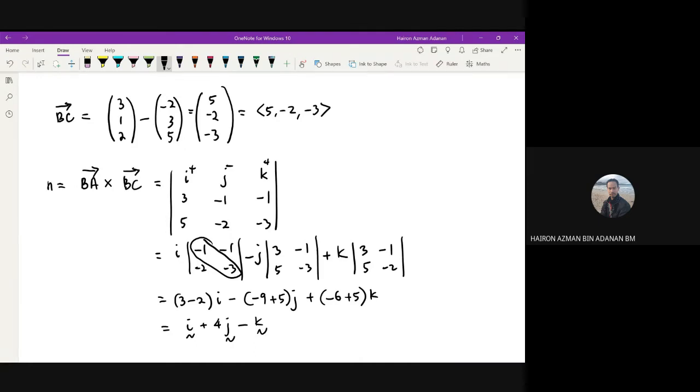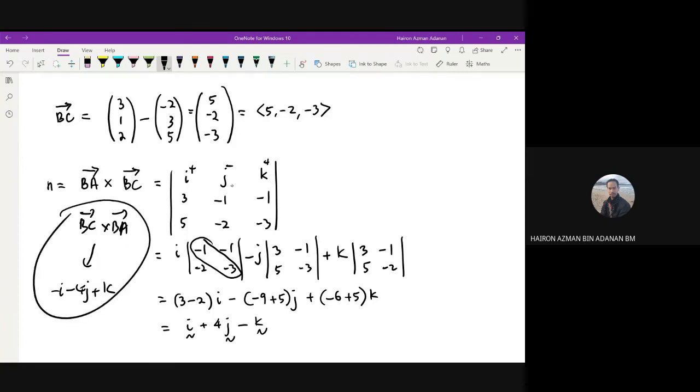Okay, if I multiply BC cross BA, yes, I will get the normal is -I plus 4J plus K. Dia macam multiply by negative lah. Kan? Kalau you buat macam itu, jangan apa itu. Negative I minus 4J plus K. Okay, so my note I'm using this normal because I cross AB cross AC.